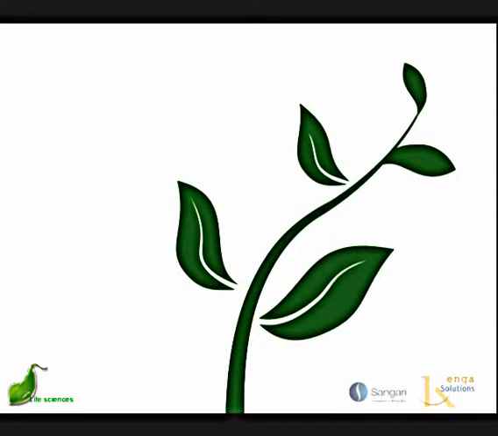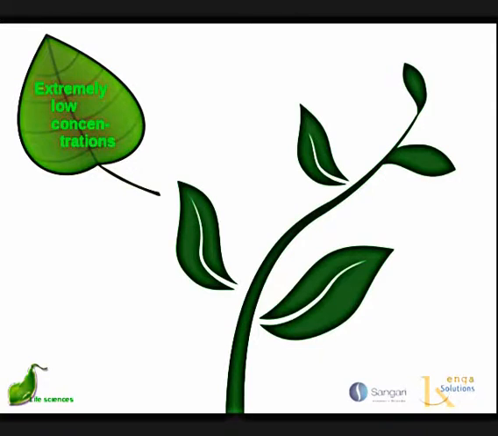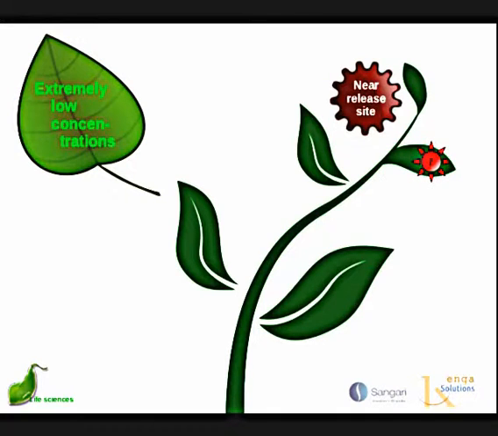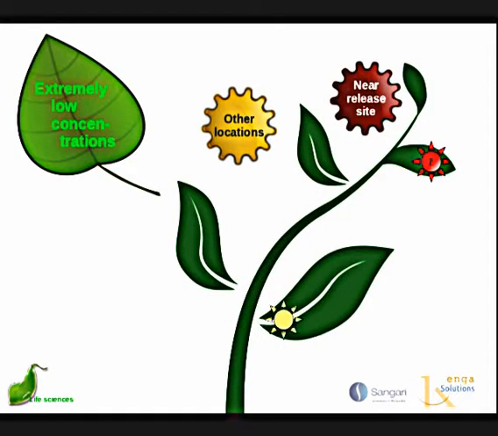Now, plant hormones occur in extremely low concentrations, but they're able to regulate cellular processes in targeted cells, either near the site of release or at some distance from the site of the release, so they move throughout the plant before they have their effect.